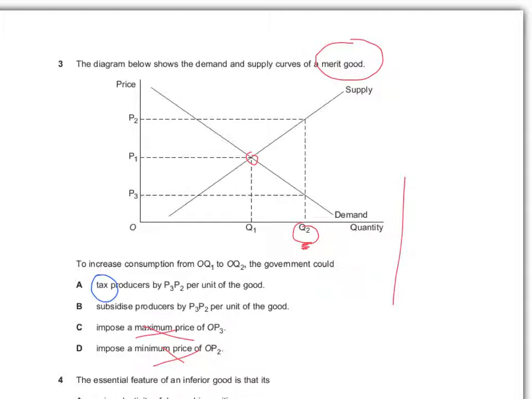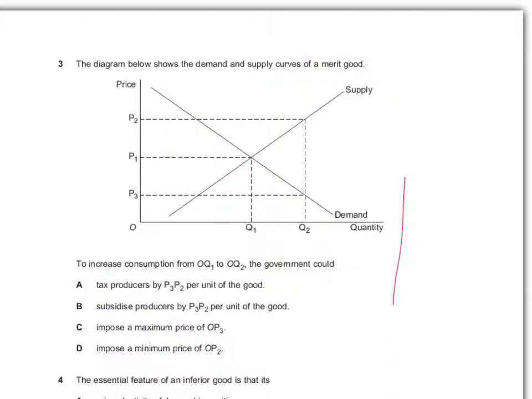So if a tax was imposed, remember a tax is going to shift the supply curve to the left. But if we move to that point, we haven't got Q2 level of consumption.